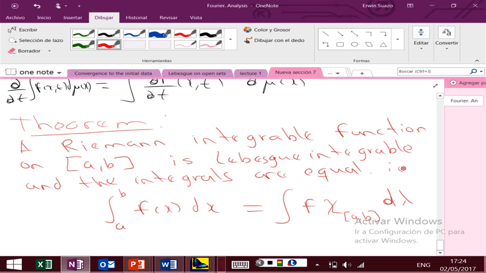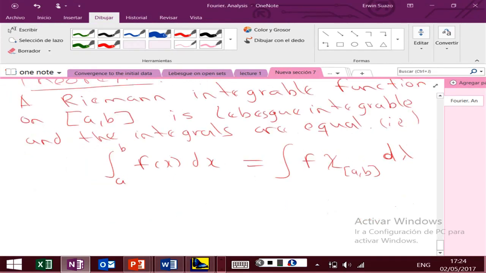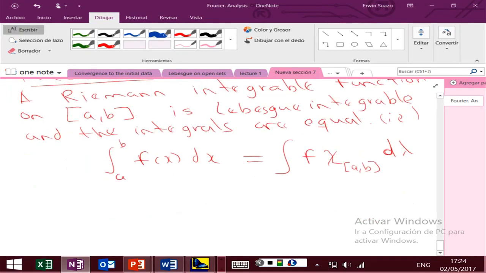In other words, the Riemann integral is the same as the Lebesgue integral of the function restricted to a, b. Okay.